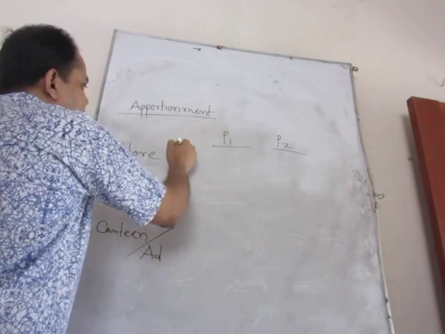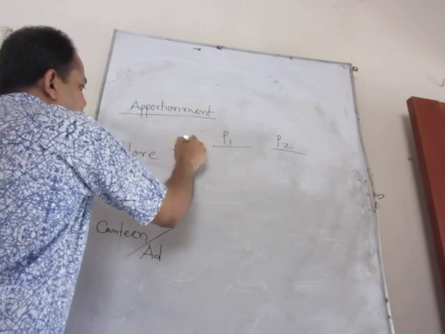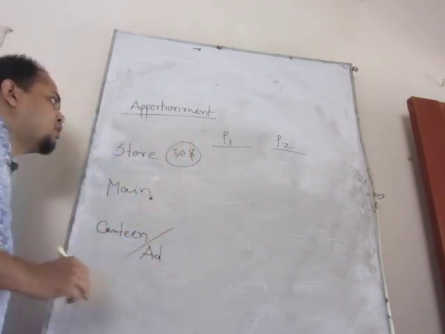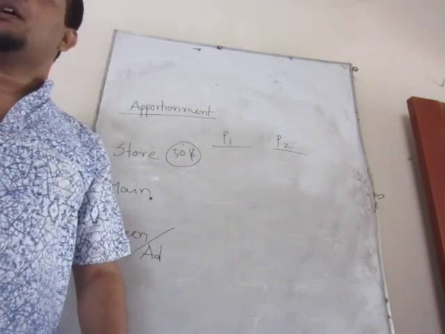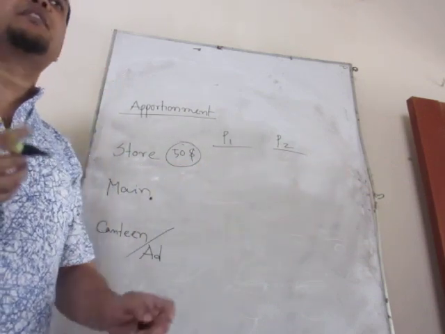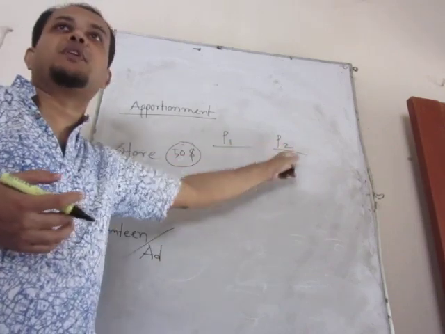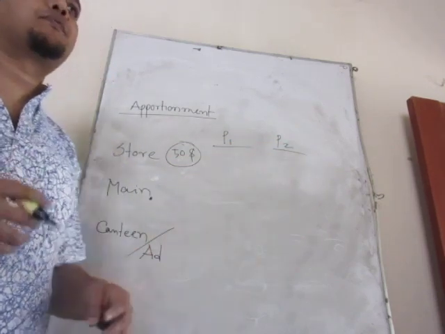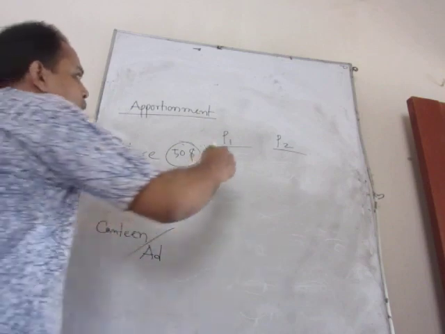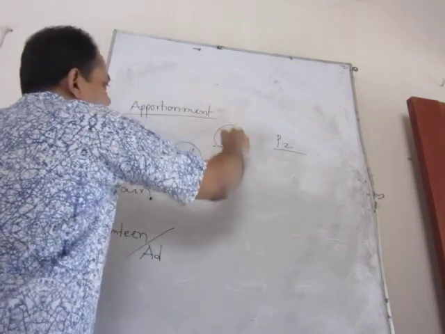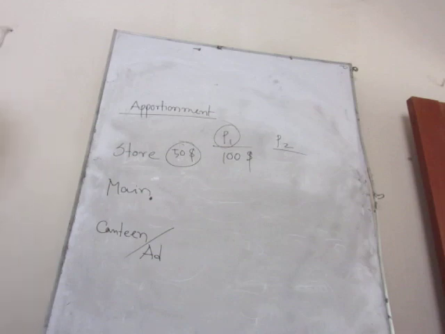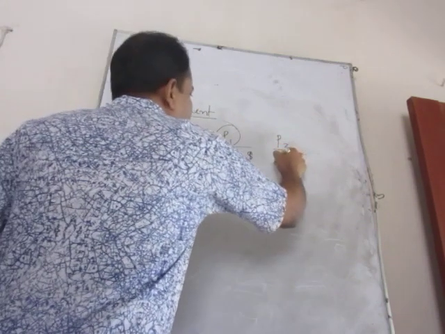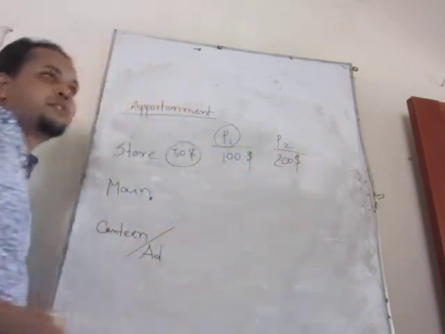A store department cost, suppose for example $50. How do you have to distribute this $50? It depends upon the value of material requisition by each individual department. Suppose production department 1 uses $100 of material requisition and production department 2 uses $200 of material.